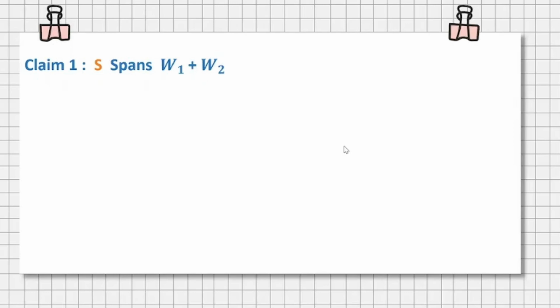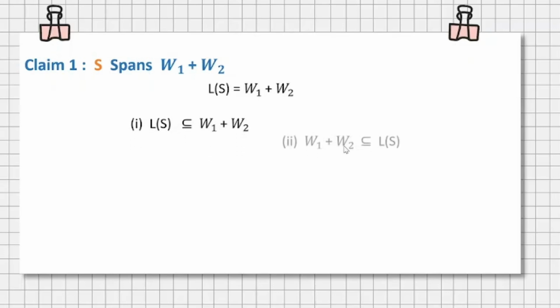How to show this? We need to show L of S is a subset of W1 plus W2, and W1 plus W2 is a subset of L of S. First, let's think what is L of S.